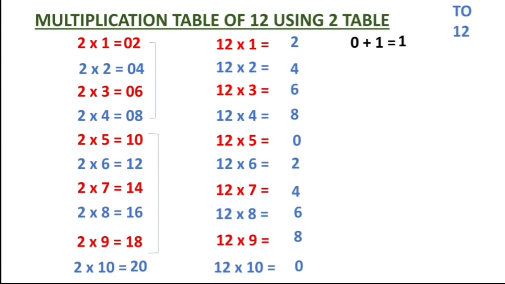This 1 I will write in the tens place of 12. 12 ones are 12. Now what we will do? Now I will write the 1. 0 plus 1 is 1. That 1 I will write plus 1. Why are we adding plus 1? Because the tens place is 1. So throughout this table we will add 1 only. The tens place only we will add.